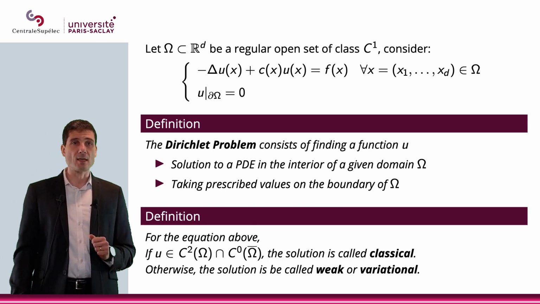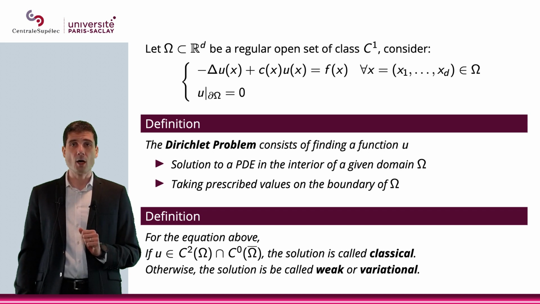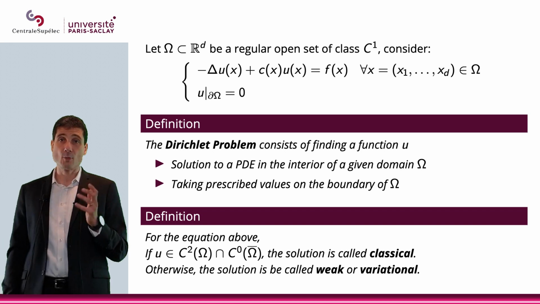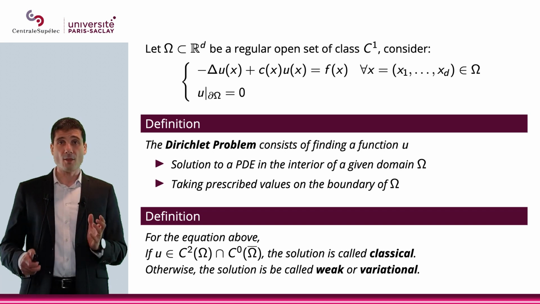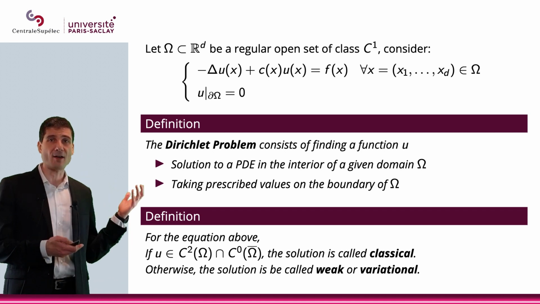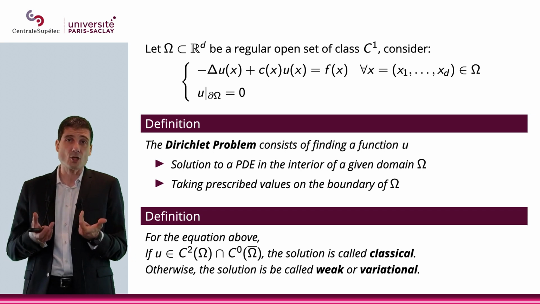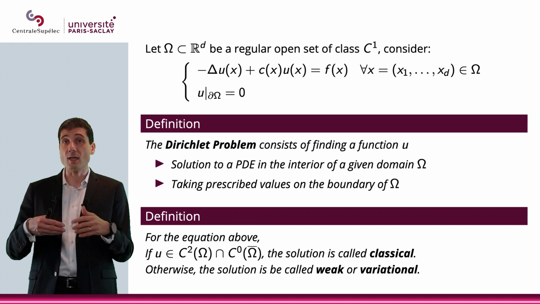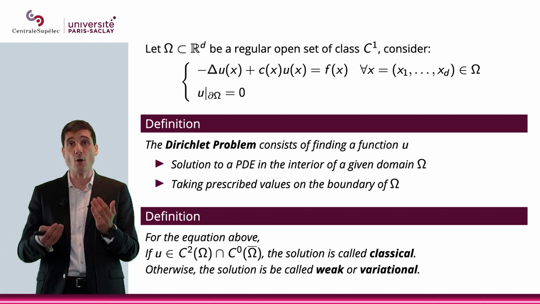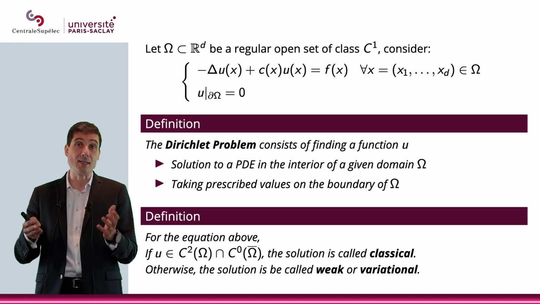Another definition is what we call a classical solution to a PDE. Here we have a second order PDE. We have a Laplace operator. The Laplace operator, as you know, is the sum of the second derivatives of my function. So you need to have 2 degrees of differentiation to have a differentiation in a functional space. Otherwise, we're going to have to go into distributions. So the classical solution is really a solution that is classical.